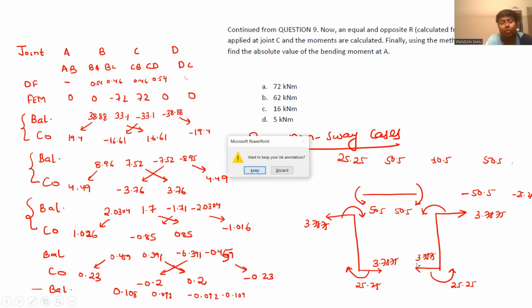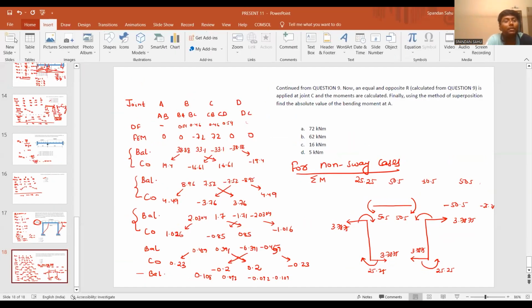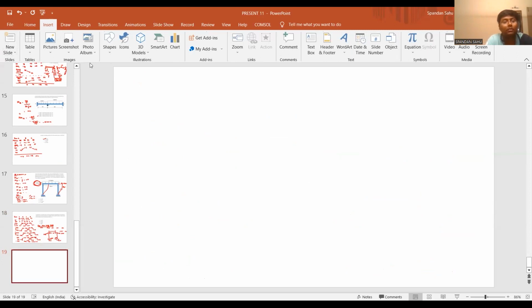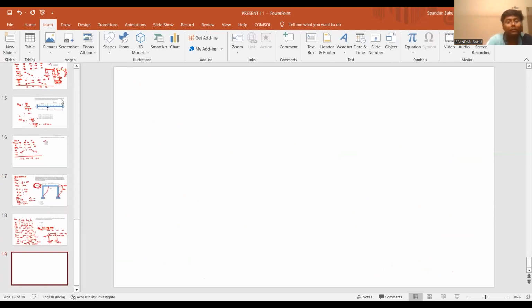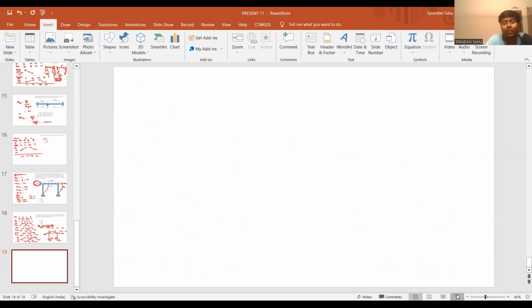Sway case, you have to do it in 2 steps. Now, with sway, you have to again make a table.